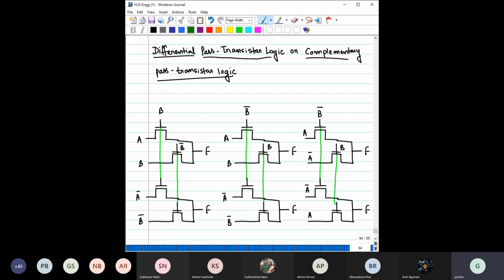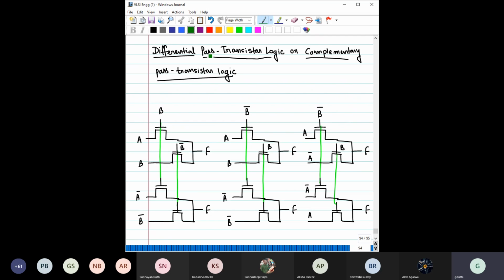If you are making OR, you also design NOR at the same time. That means you design two complementary things simultaneously, and when you design it like that, it is called differential pass transistor logic or complementary pass transistor logic, because then you have both F as well as F bar available. That is the whole motto of this.